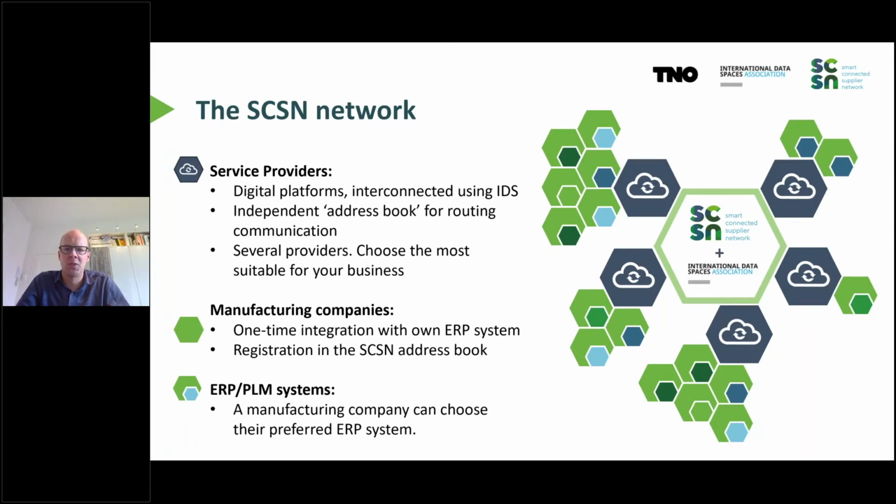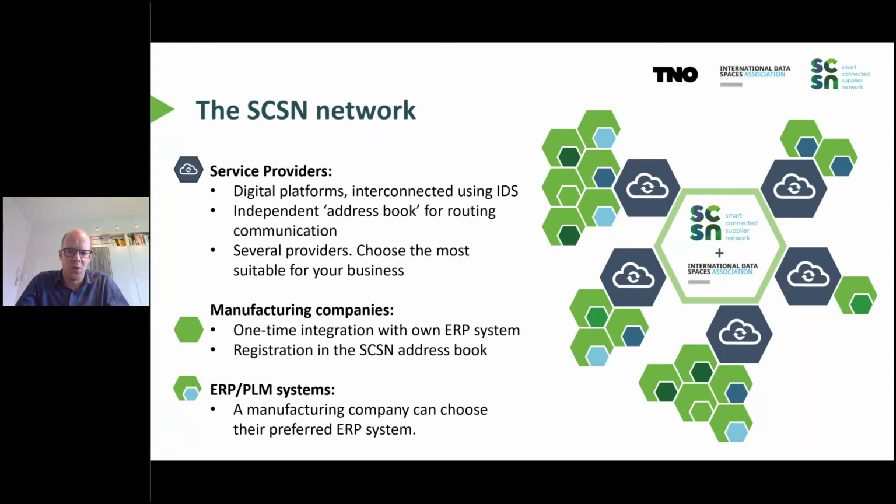And on the right, you can see a drawing of how it now looks. So we have a network of service providers, IT companies providing IDS-based connectivity, and they have tight interconnections amongst each other. So they speak the same semantics, they have standardized rules on data access and data usage.